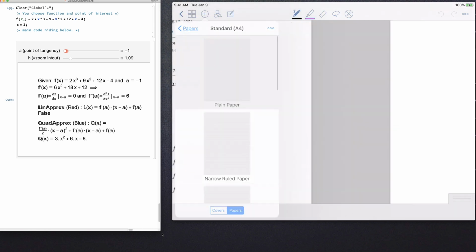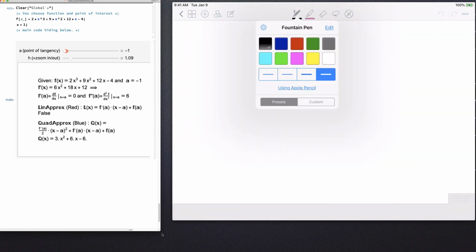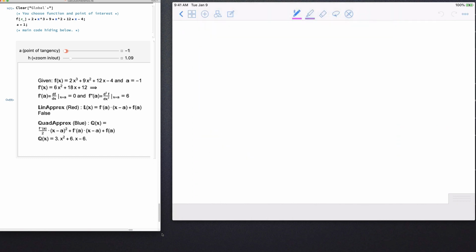Okay, so here's an important case: the second derivative test fails. Let's look at the function f of x equals x to the 4th, and the function f of x equals x to the 5th.